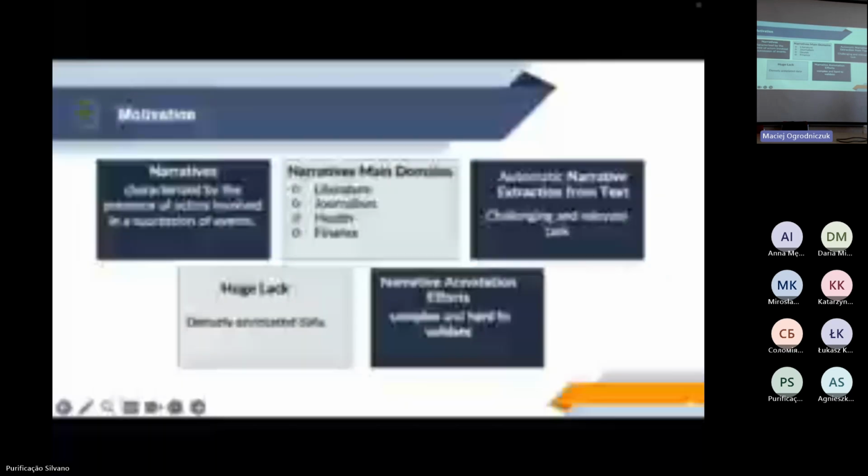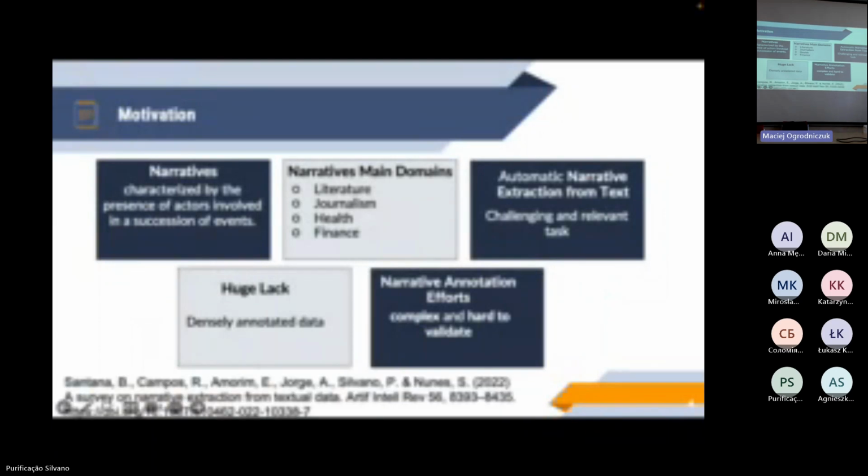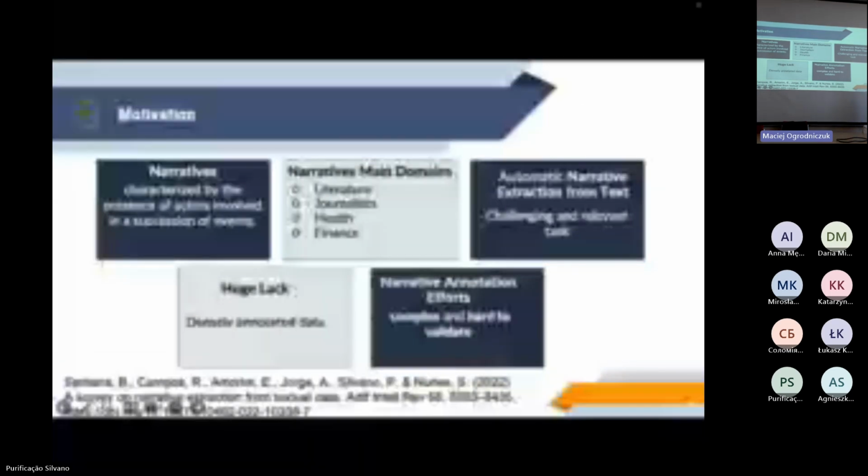And this, if you work with annotation, you know that it's a very challenging task, okay? I'm not going to talk a lot about the different phases of extracting narratives, but if you want, we have a survey on narrative extraction that was published 2 years ago in the Artificial Intelligence journal.